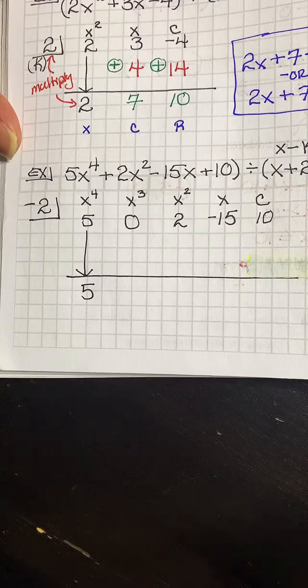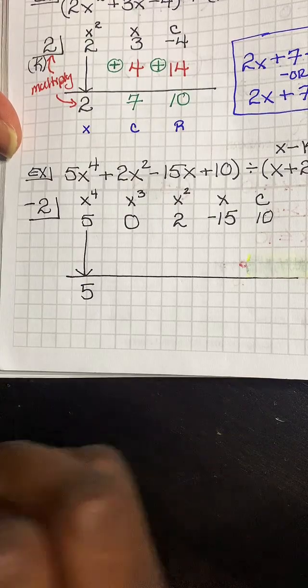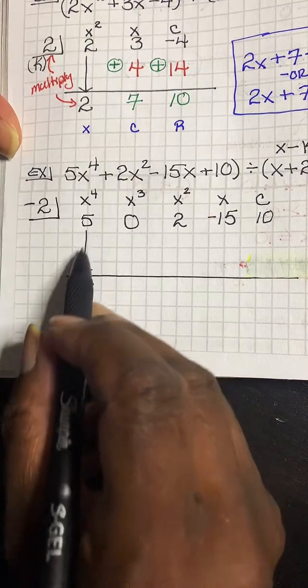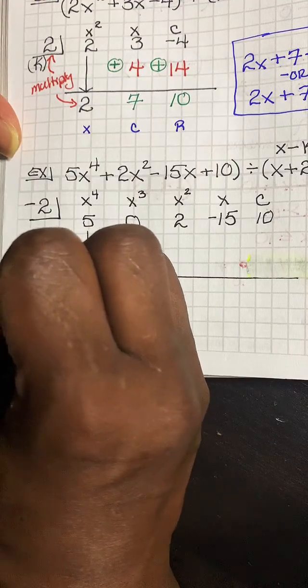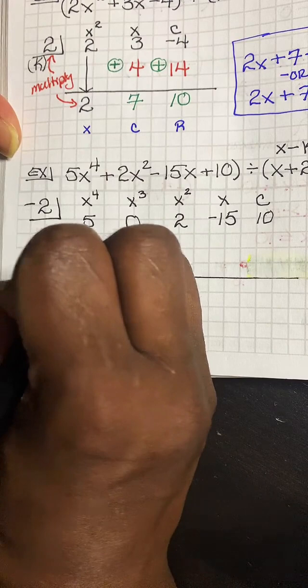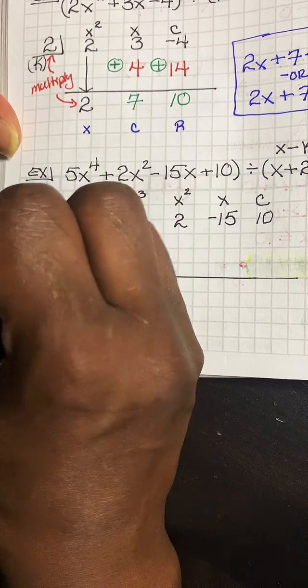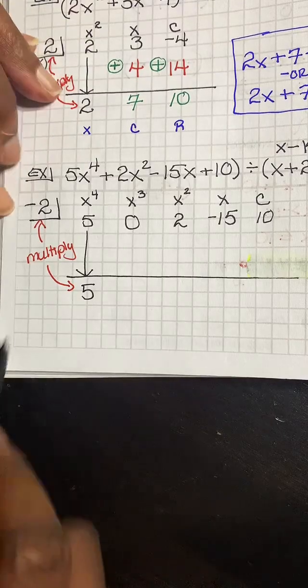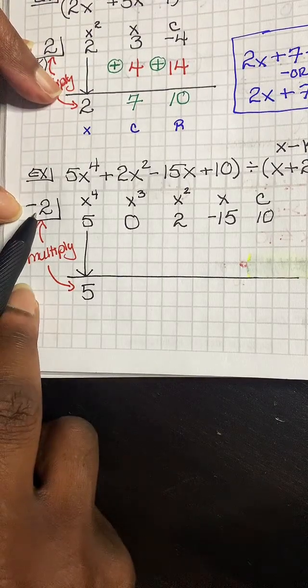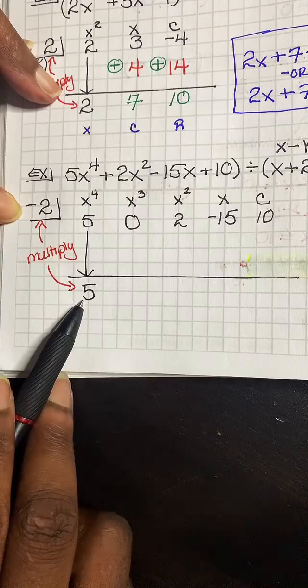Look at all these converts I'm getting. All right. So once we bring that first term down, we're going to multiply the divisor by the term.